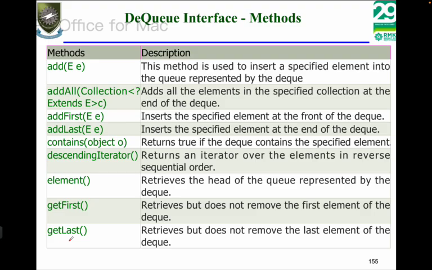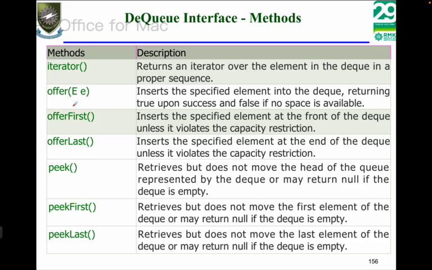It will fetch you the last element in the Deque. Then iterator: to traverse over the elements present in collection classes, generally we prefer to use a method called iterator.